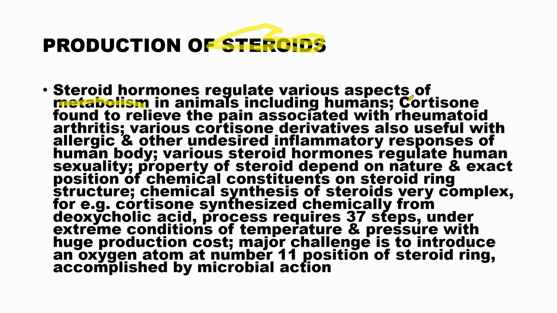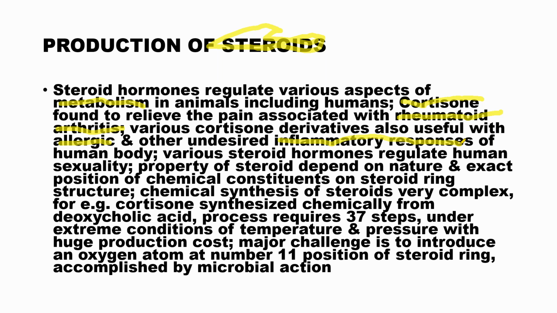Now, an example of a steroid is cortisone. Cortisone is found to relieve pain associated with rheumatoid arthritis. So we can use the steroid cortisone for the treatment of rheumatoid arthritis. Now, various cortisone derivatives are also useful with allergic and other undesired inflammatory responses of the human body.